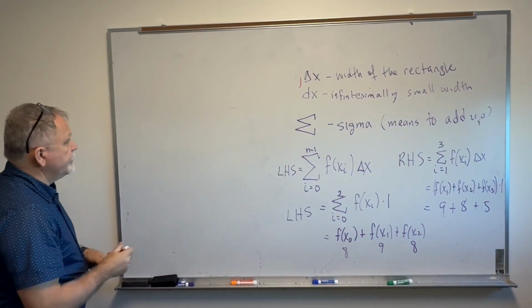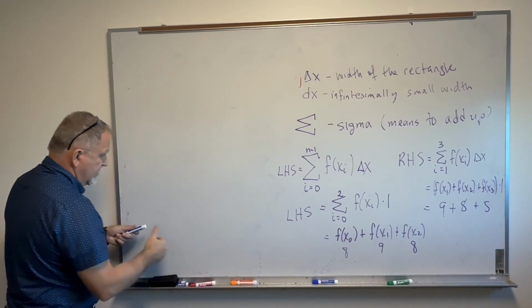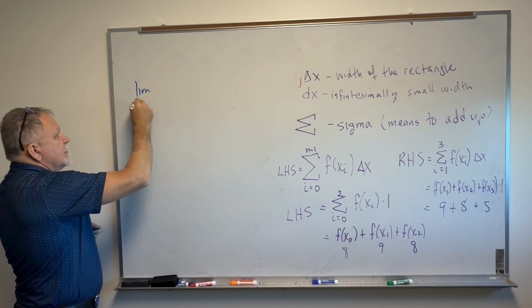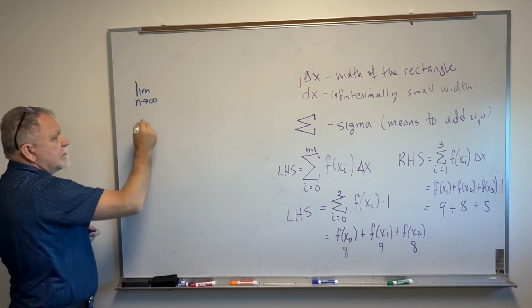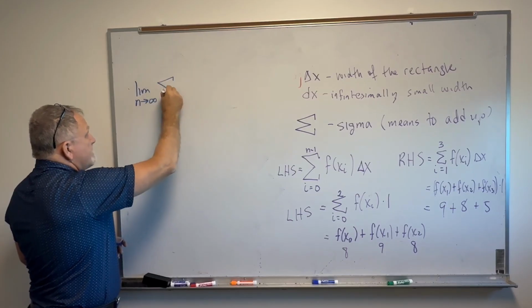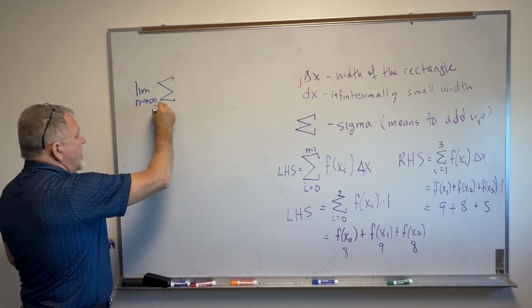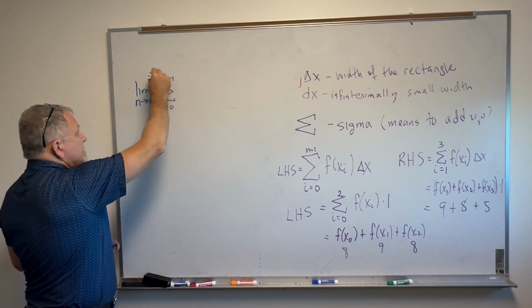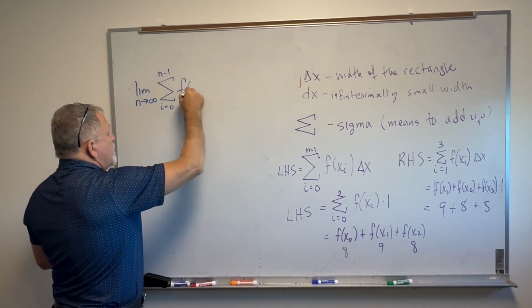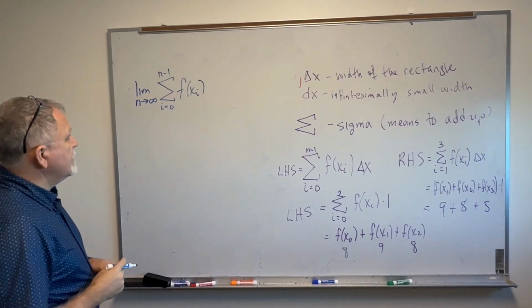We have the limit as n goes to infinity of, we have our summation notation, and I'm going to have i go from 0 to n minus 1. This is our left-hand sum of f of x sub i delta x.